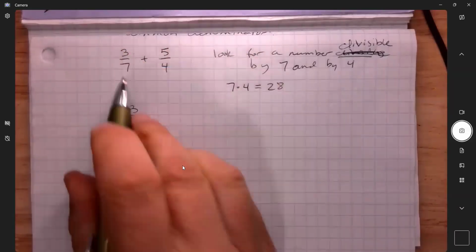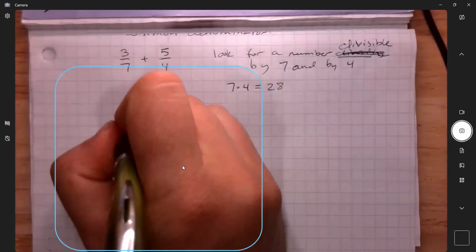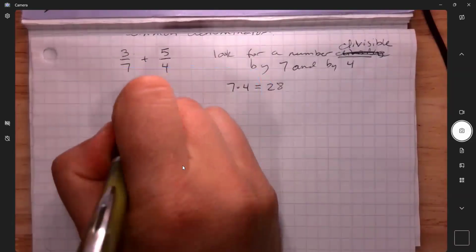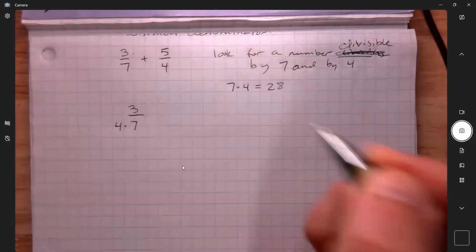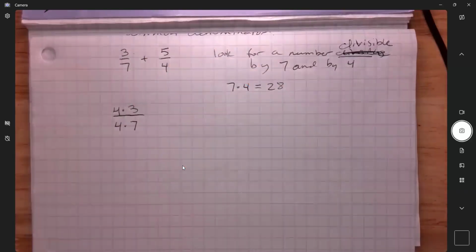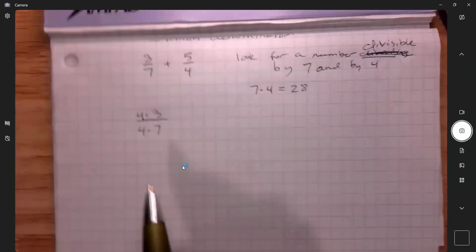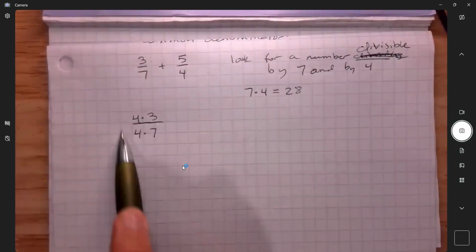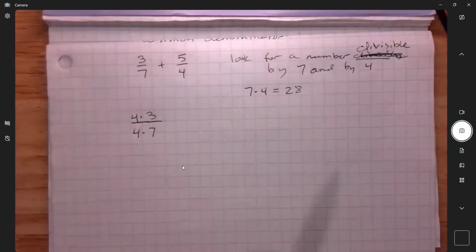So if I want to turn the denominator on the left into 28, I need to multiply it by 4. But that means I have to multiply the top by 4 because there's my number 1, right? Multiplying by 1 doesn't change the number.